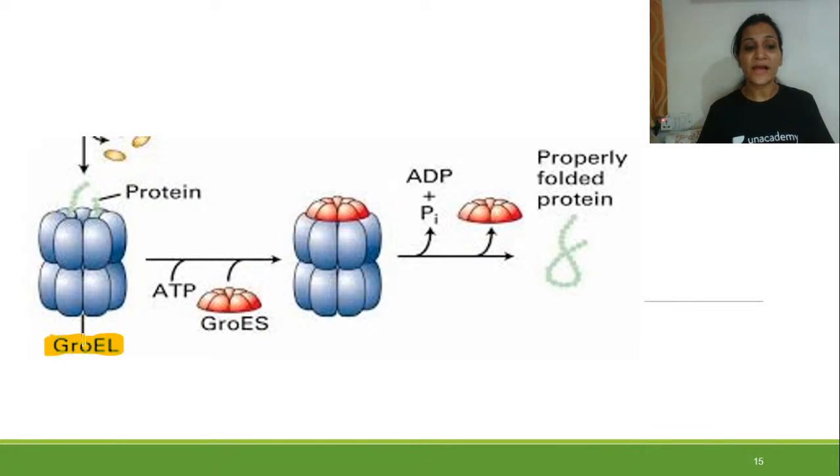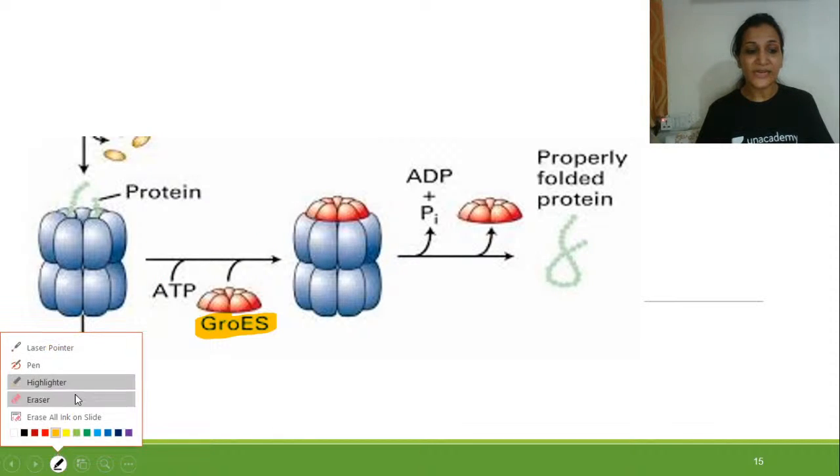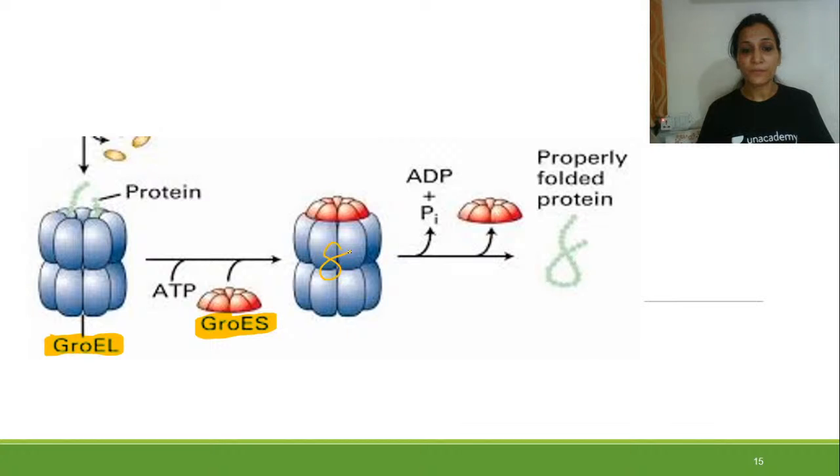GroEL is the barrel and the lid of GroEL is called GroES. The lid will come and bind over here. So inside this barrel are your protein and your ATP, and it is an ATP dependent process.